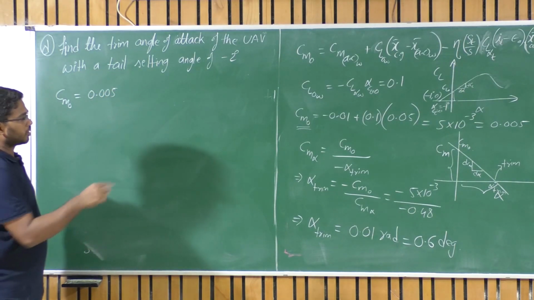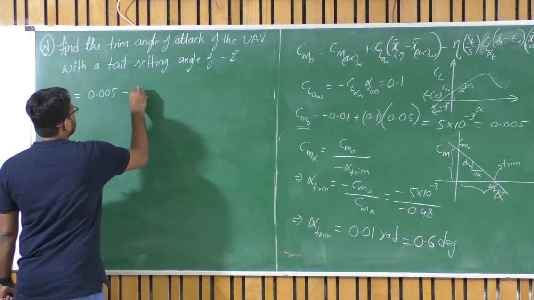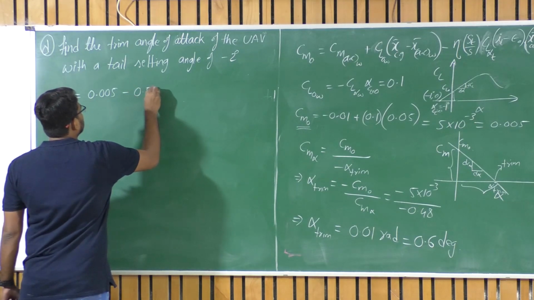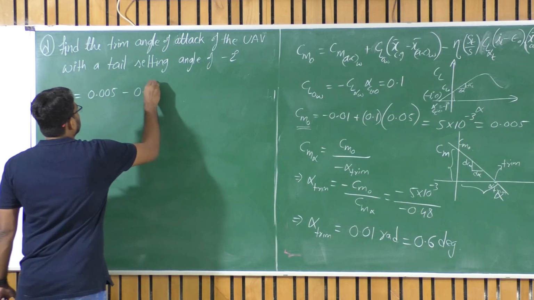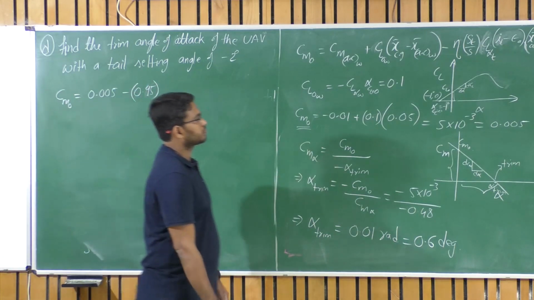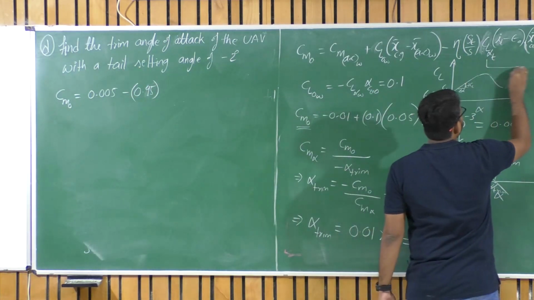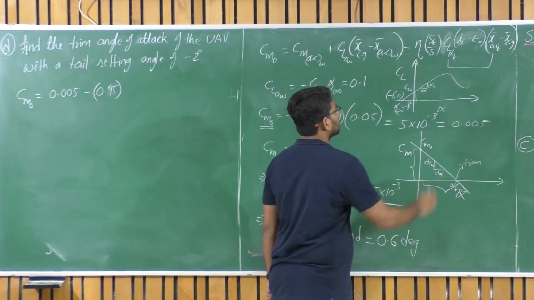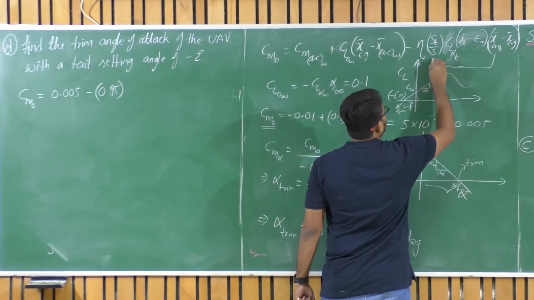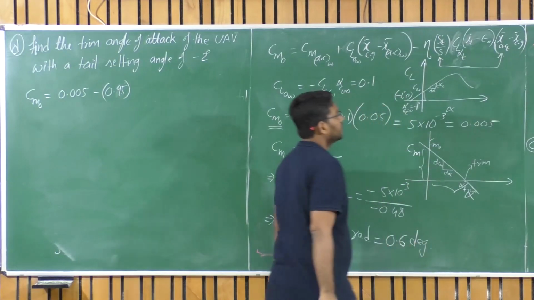Minus eta, which is 0.95. And the tail volume ratio, which is not affected by i_t, is St by S multiplied by l_t bar.